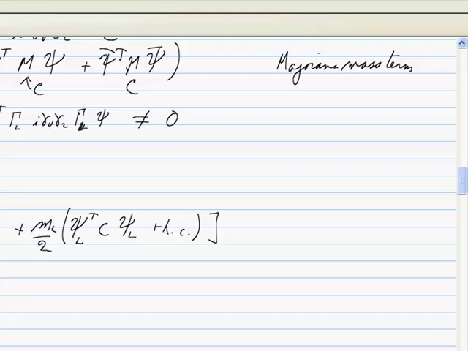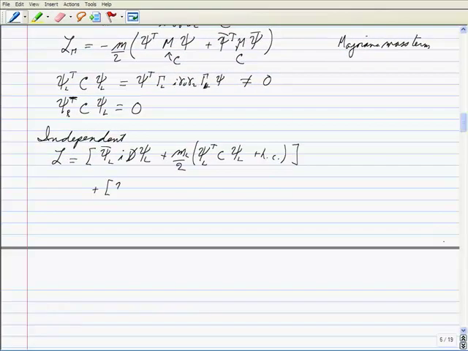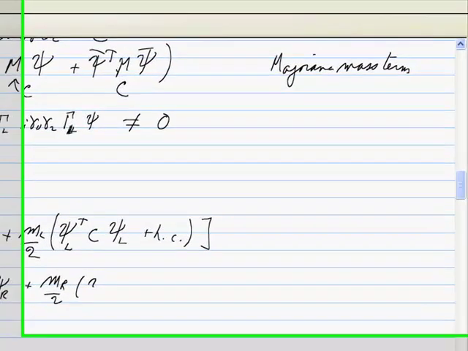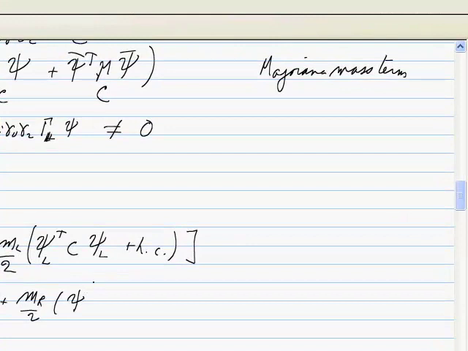Or I could, if I want to, add in psi right i d-slash psi right, plus a different mass, m_R over 2 psi right transpose C psi right, plus Hermitian conjugate.